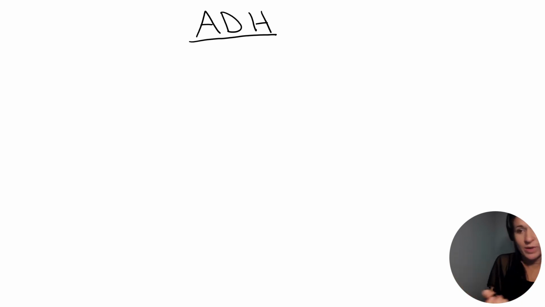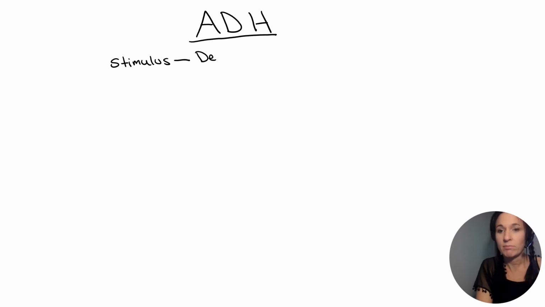And we know when we look at feedback loops, there's a stimulus. This is a negative feedback loop, so the outcome is going to be in the opposite direction. So what is our stimulus? Maybe we are not consuming enough water. Maybe we're eating excess salt.